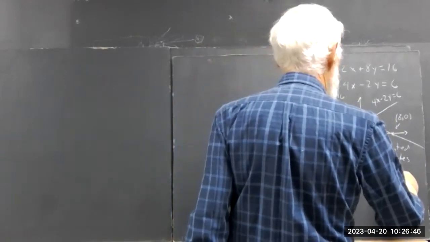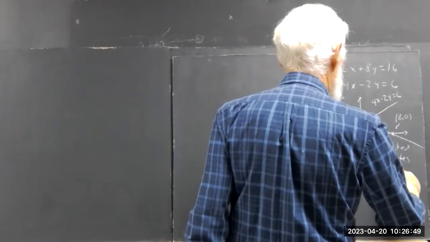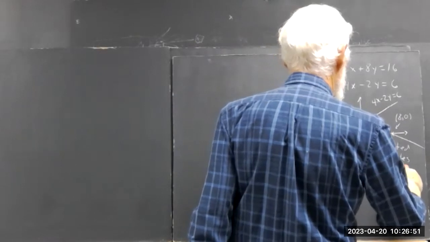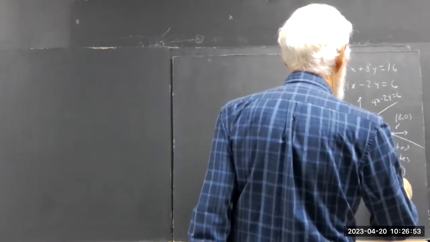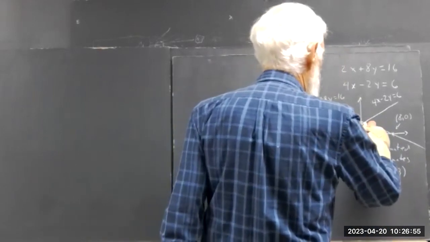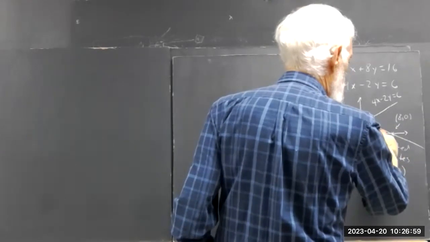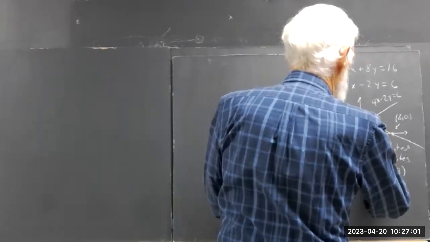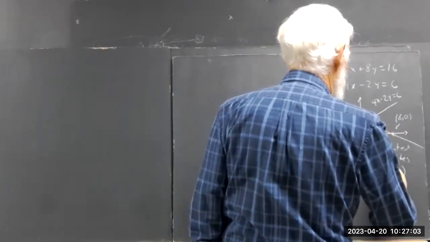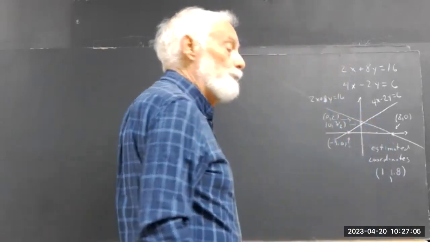I'll say 1.8. And the x coordinate would be like here. If this is 8, and here's 4, and here's 2, I'm getting something very close to 1.